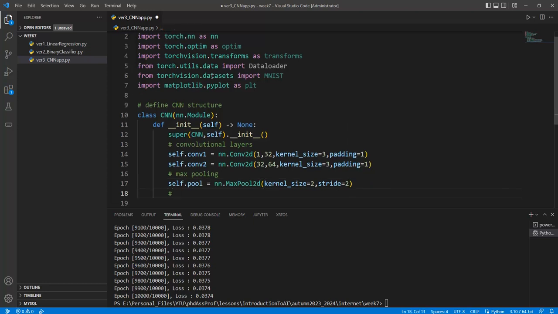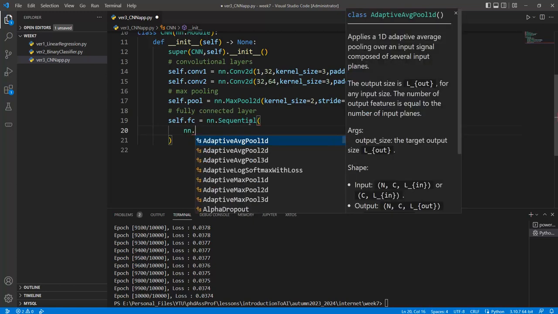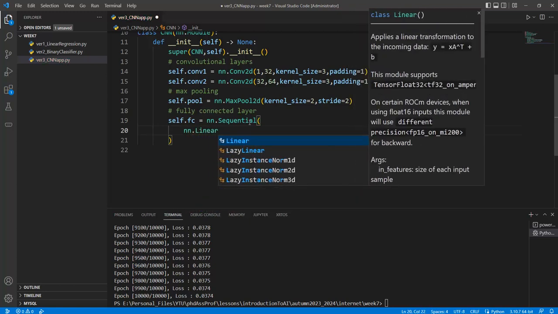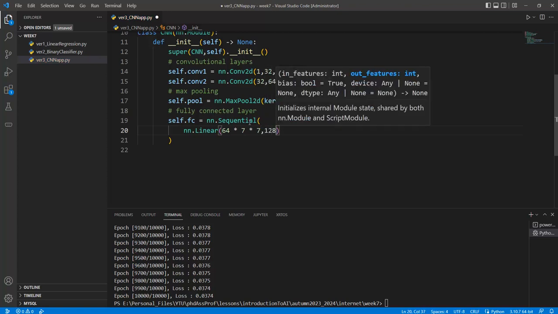And also we need to give the fully connected layer, right? The fully connected layer can be built with self.fc assigned with nn.Sequential, right? nn.Sequential, and nn.Linear can be defined with 64 times 7 times 7 to 128 neurons.